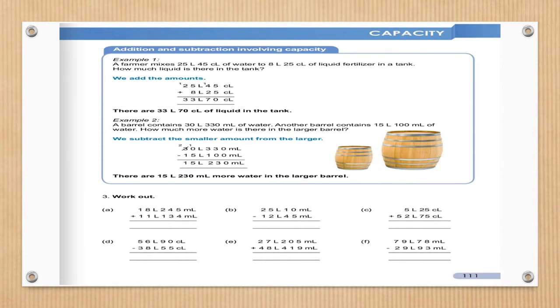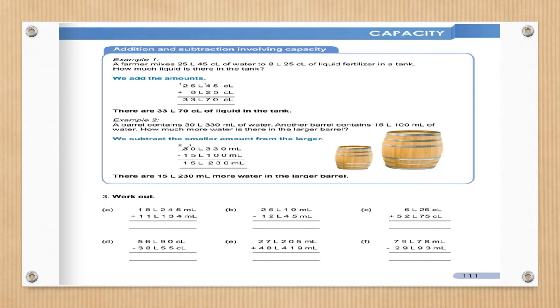A farmer mixes 25 liters 45 centiliters of water to 8 liters 25 centiliters of liquid fertilizer in a tank. How much liquid is there in the tank? So he's going to mix water and fertilizer. The water is 25 liters 45 centiliters, fertilizer 8 liters 25 centiliters.